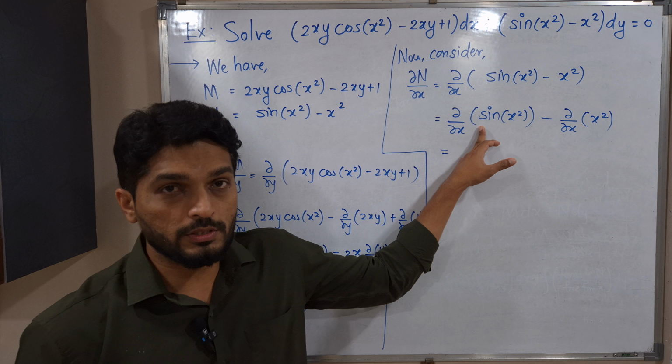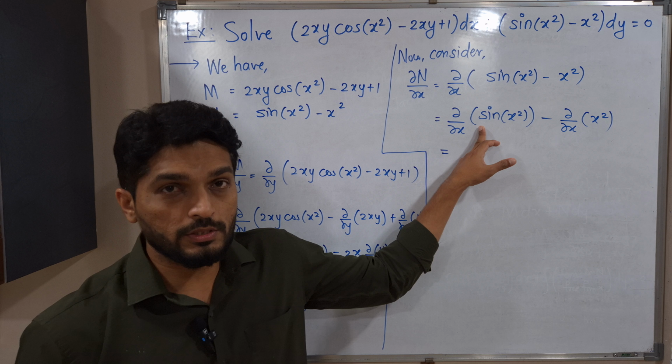As well as any terms of x, those are also constant for us since we are differentiating with respect to y. So 2 will come outside. x is also constant here. This cos x square is also constant. So inside the bracket, we have simply y.